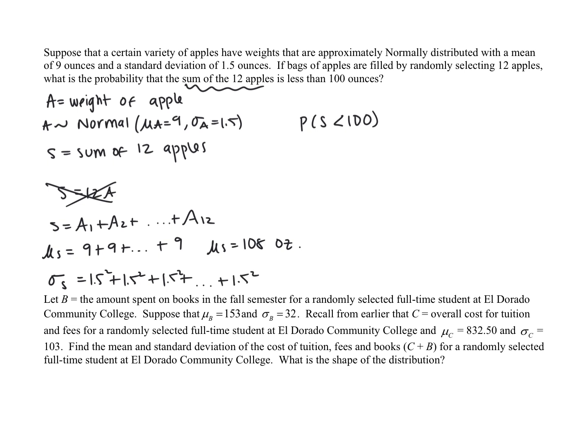So there would be 12 of them. And then we would have to take the square root to get standard deviation. So there are 12 of that 1.5 squared, and then we would take the square root, which gives us 5.2.